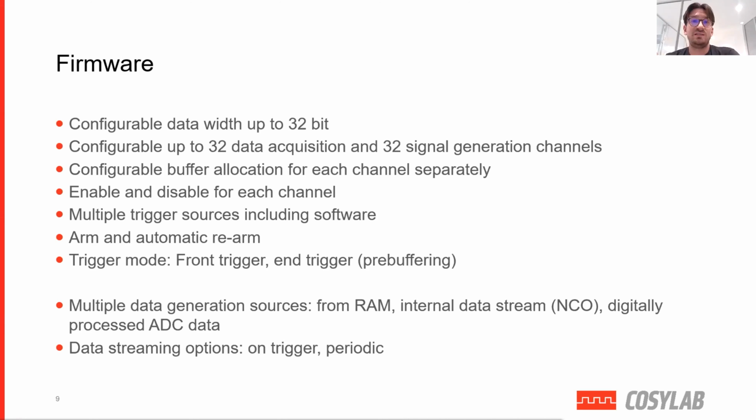Both enabling and disabling the acquisition is implemented per channel, so they're completely independent. We support multiple trigger sources: external, internal, and other. For data generation, we can also use output channels. We can stream data from RAM, from internal data streams like NCOs, or numerically controlled oscillators, or we can read data from input channels, process them, and then output them on the outputs.